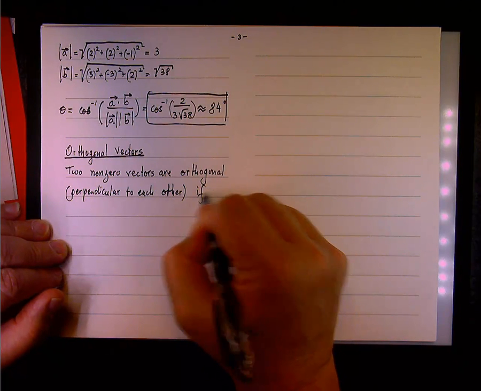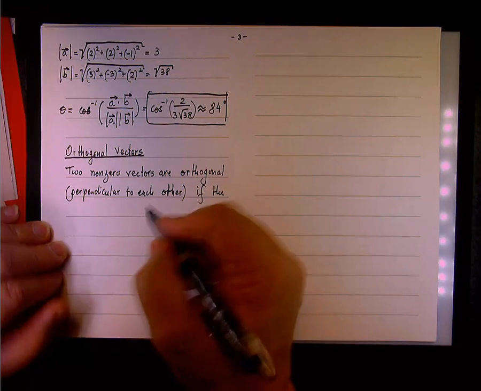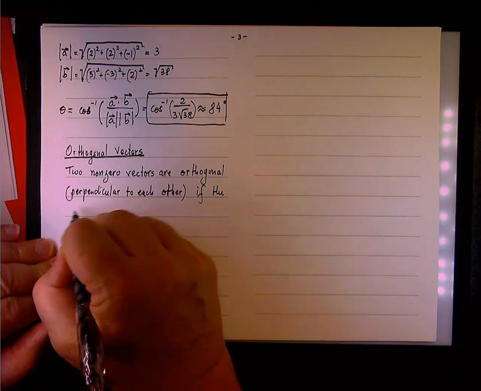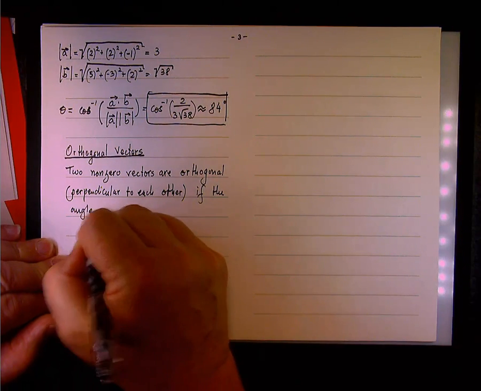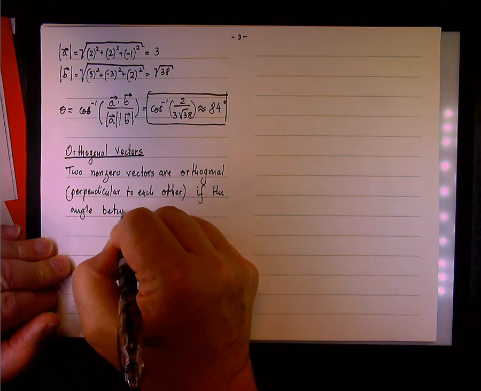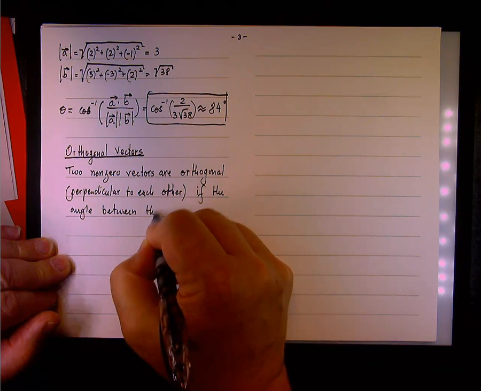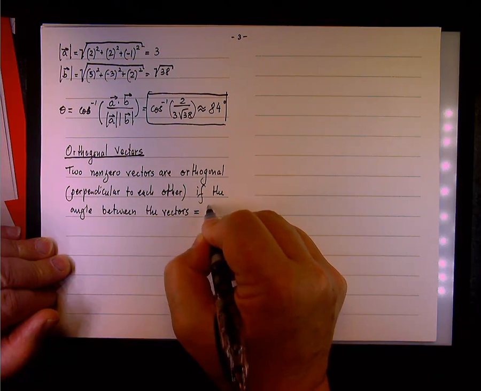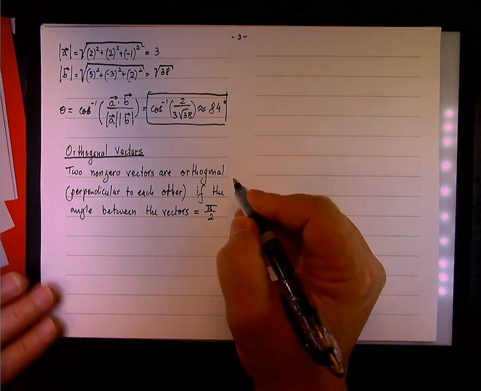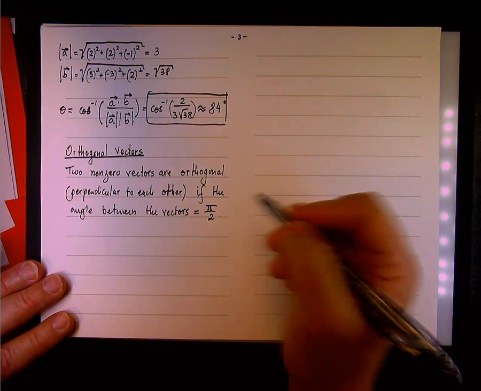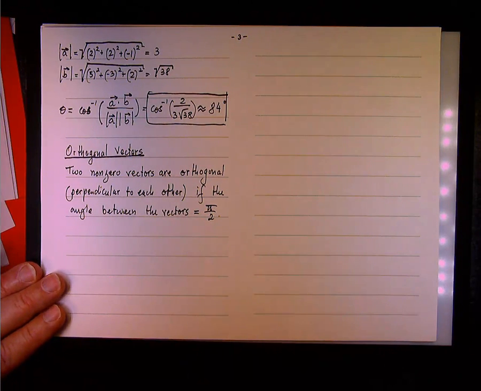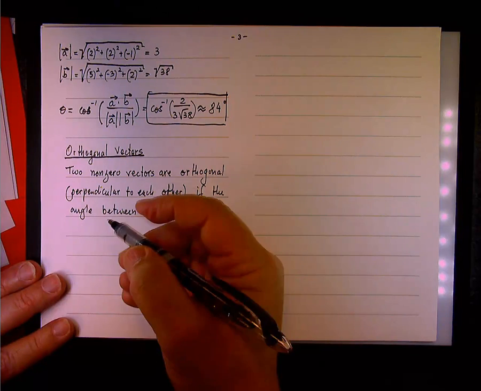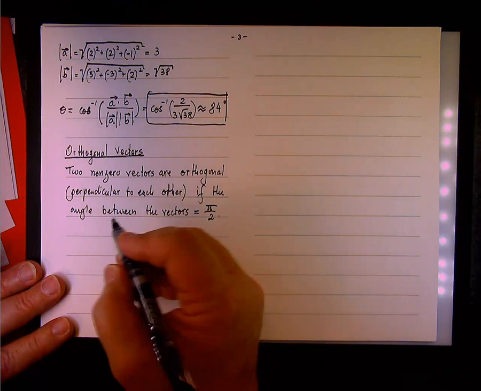If the angle between the vectors equals pi over 2 or 90 degrees. Okay, so the statement will be the following.